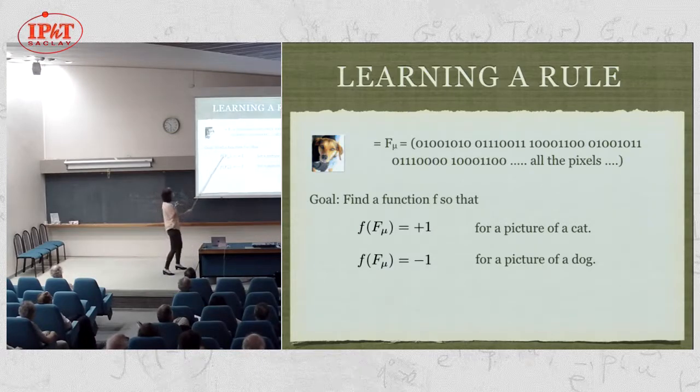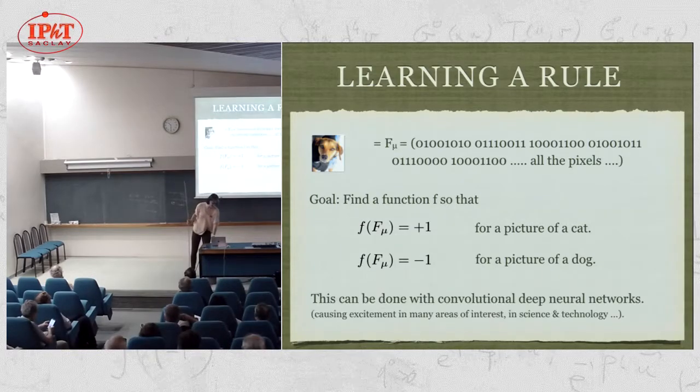This is the input into a function that should output 1 if it is a cat and -1 if it is a dog, and your goal is to find this mathematical function f. Stated like that, it looks less trivial, because how in this mess of 0s and 1s are you supposed to know if it is a cat or a dog? This is a very challenging problem.